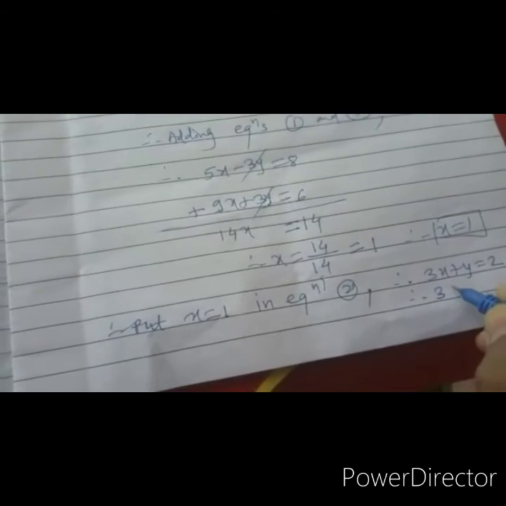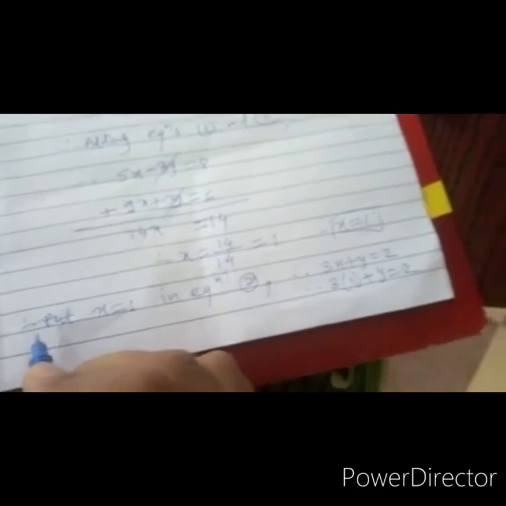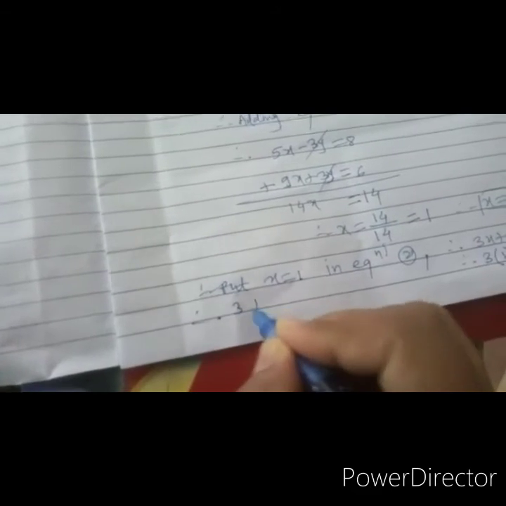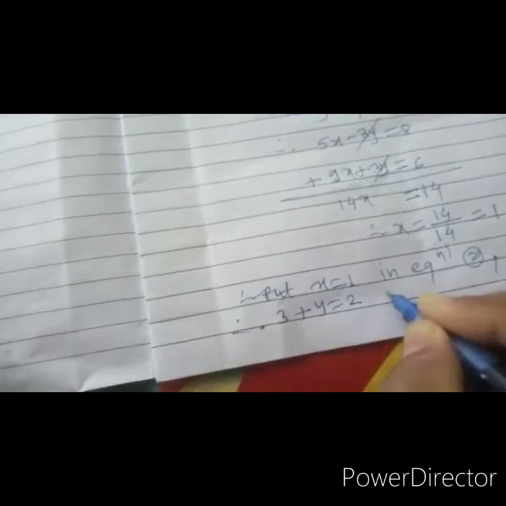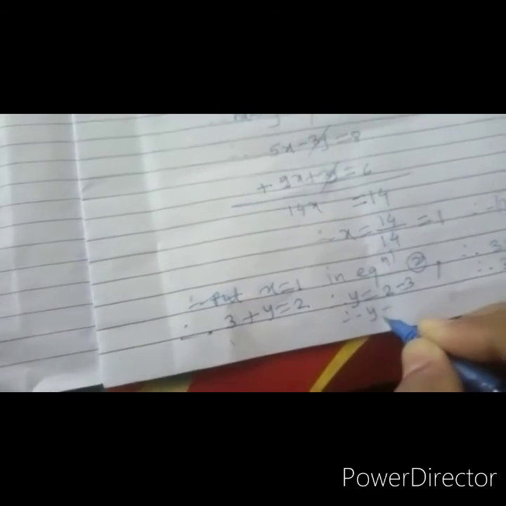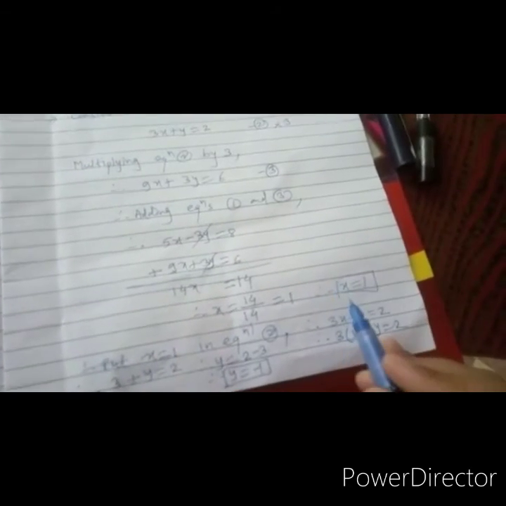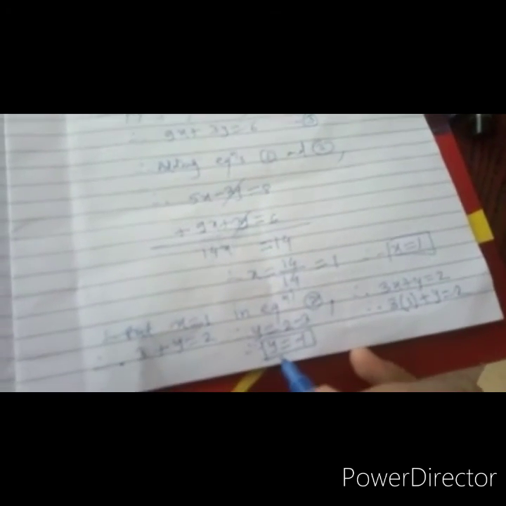Therefore 3, put the value of x, that is 1, plus y is equal to 2. And therefore 3 into 1, that is 3, plus y is equal to 2. Therefore y is equal to, after shifting this value to the right hand side, 2 minus 3, that is 1. y is equal to minus 1. And therefore here we got the value of x is equal to 1 and y is equal to minus 1.